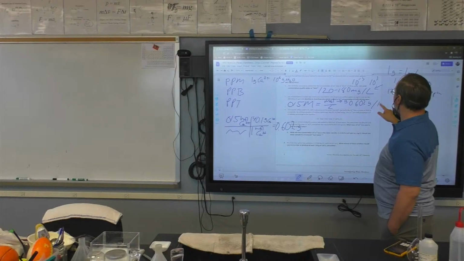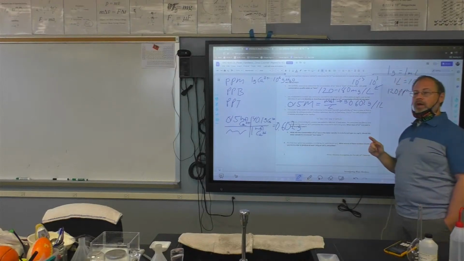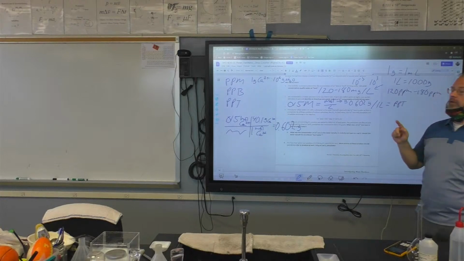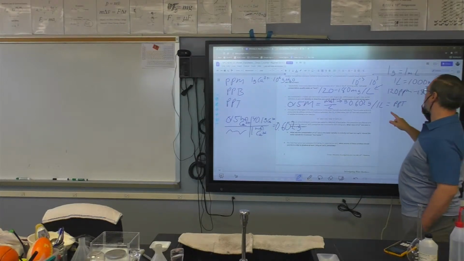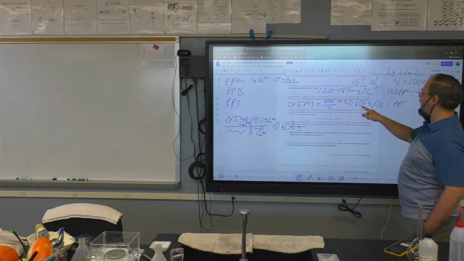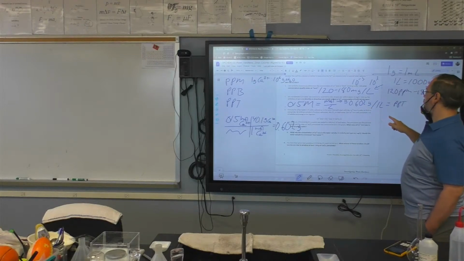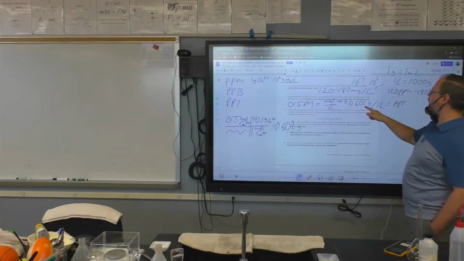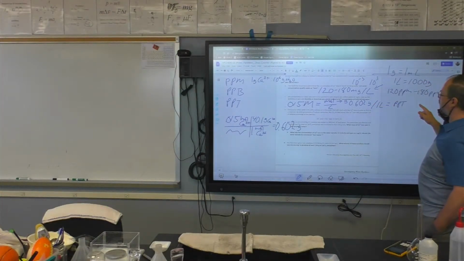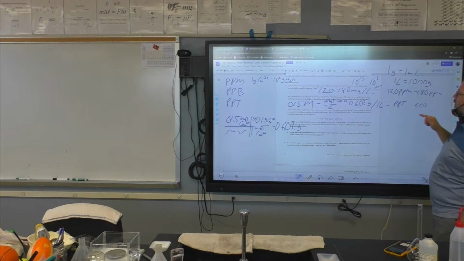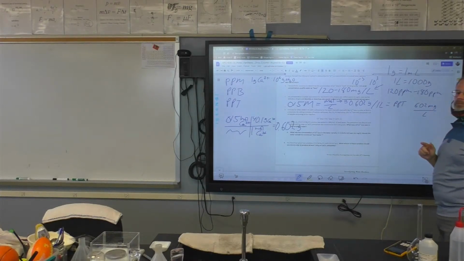Grams per 1 liter. Okay, so grams per liter is a part per 1,000. So if we want to turn this into a part per million, we're going to have to multiply this by 1,000. So right now we are at 0.602 grams, and it's going to be 602 milligrams per liter.